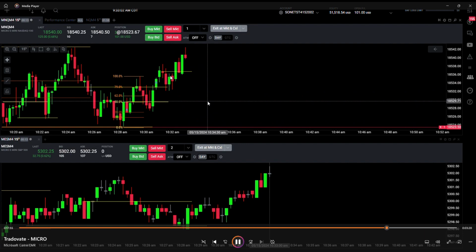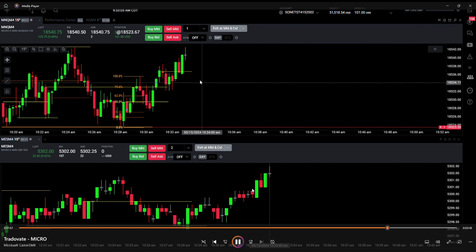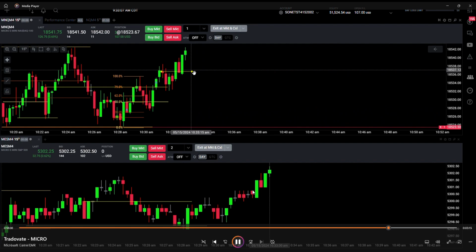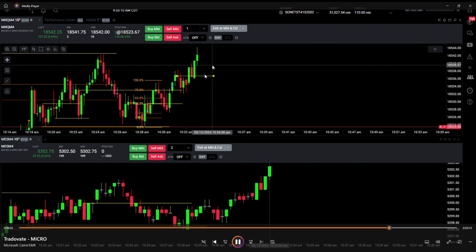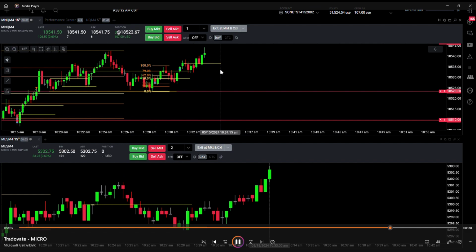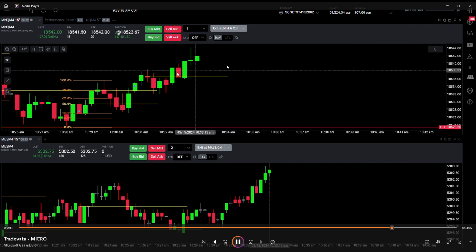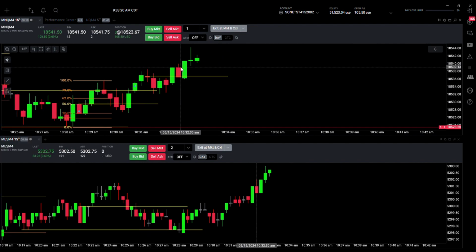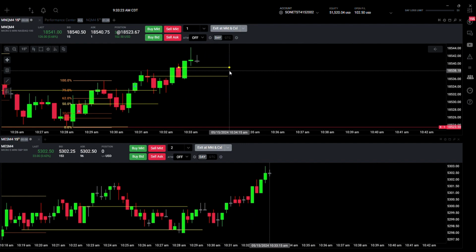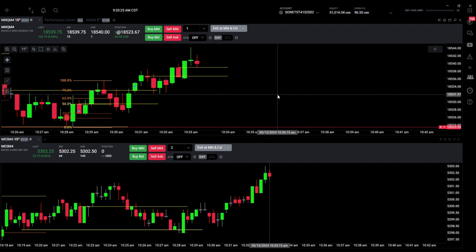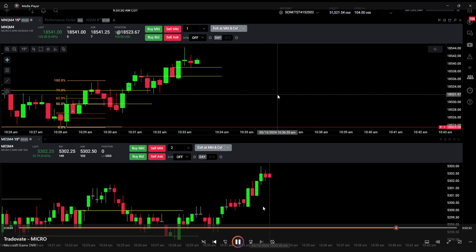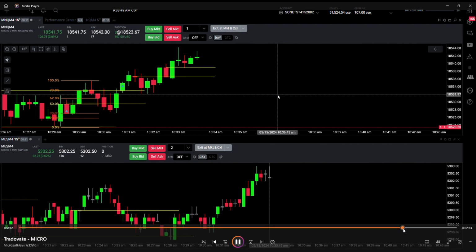Divergence here. Bullish order block. Doesn't even reach the bullish order block here. Respecting this order block.